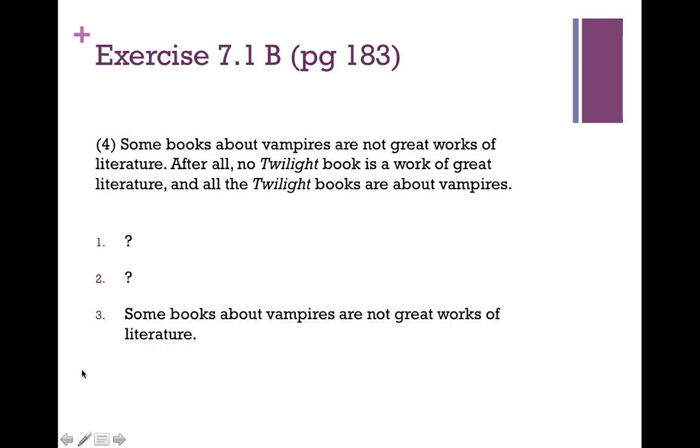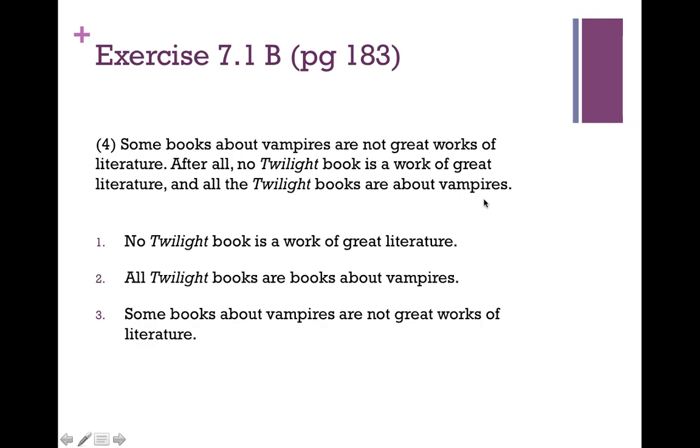So very good. Now what we want to do is figure out a major premise, which is going to have great works of literature. So let's look up here. No Twilight book is a great work of literature. Well, there we go. And then all Twilight books are about vampires. So this one's actually pretty easy. This is a lot easier than the last one.